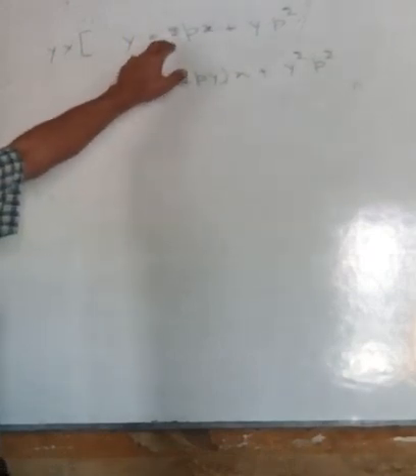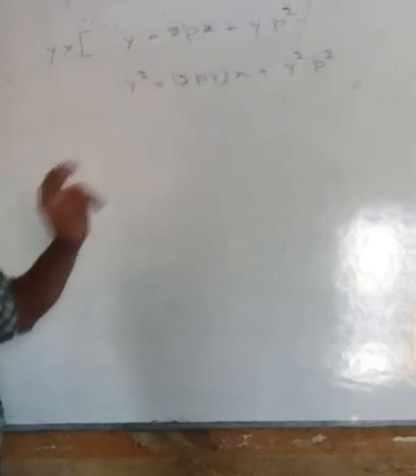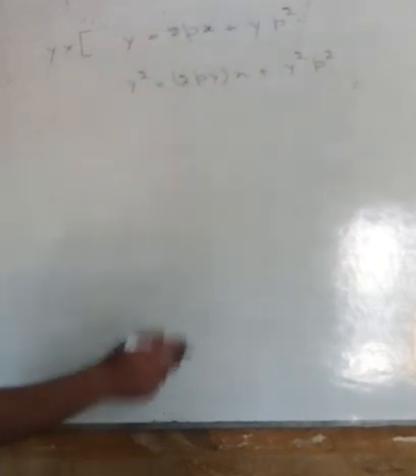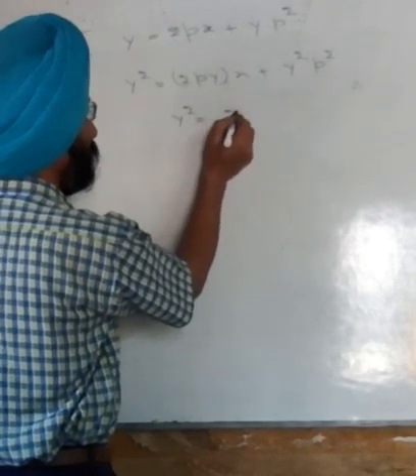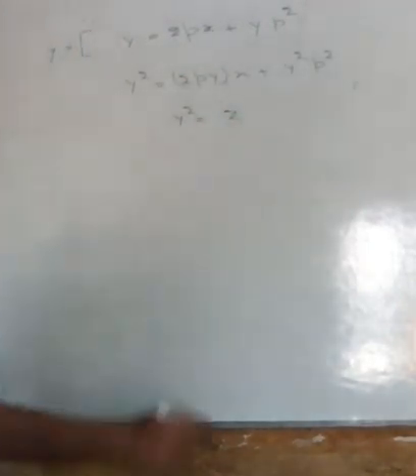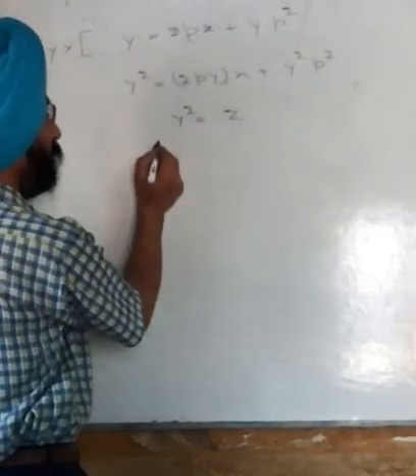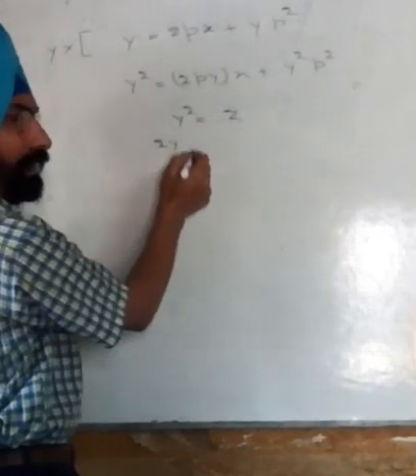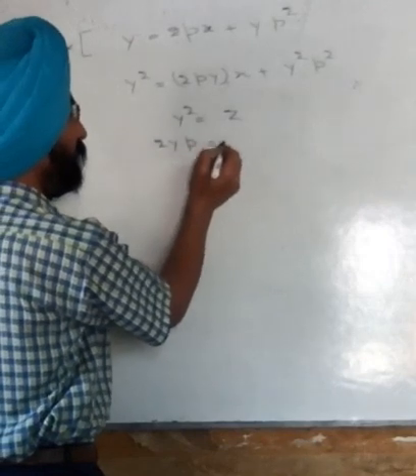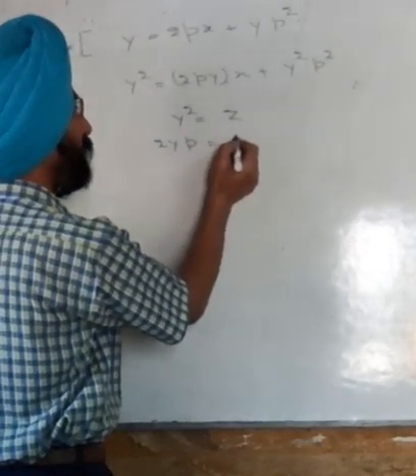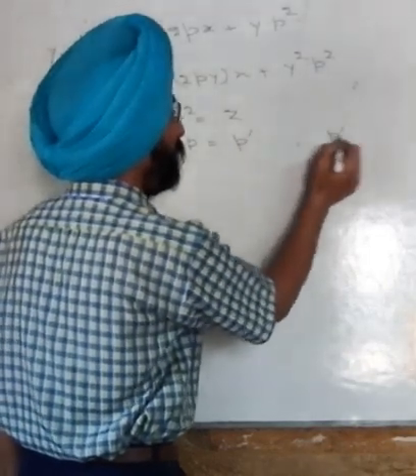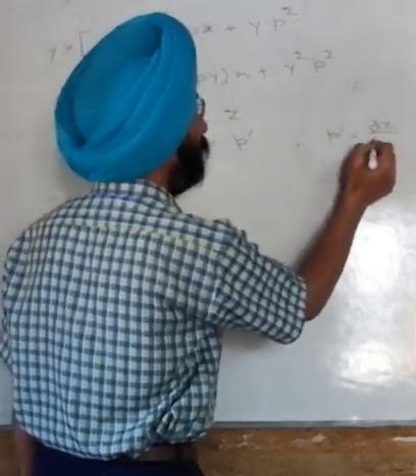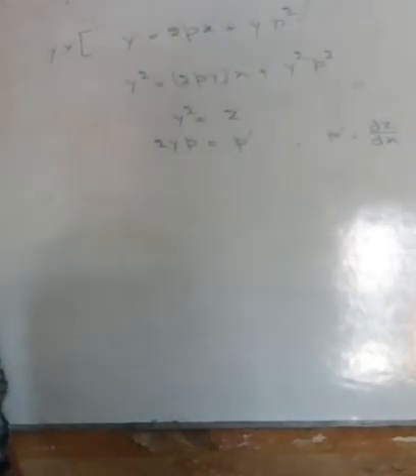If this will be the equation, this will be converted to Clairaut's form. How? Take this y square to be some other variable, you can say z, and then differentiating, you will get 2y dy by dx, which is dz by dx. You can say p dash is dz by dx.